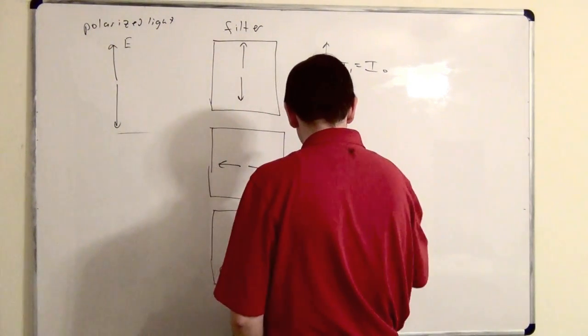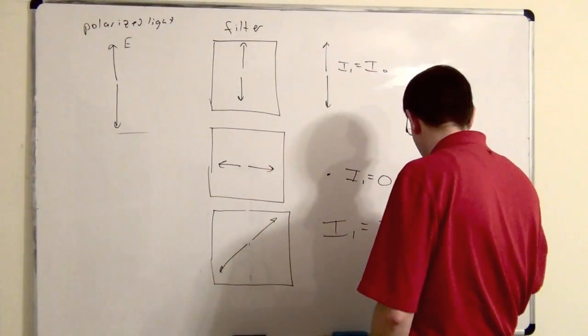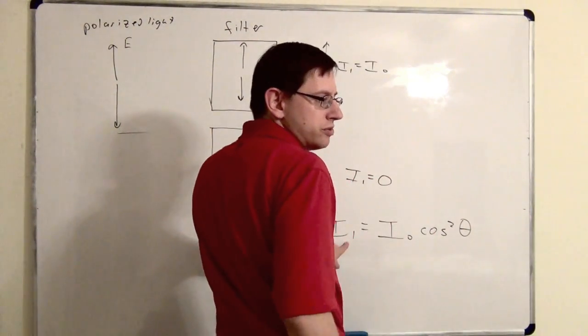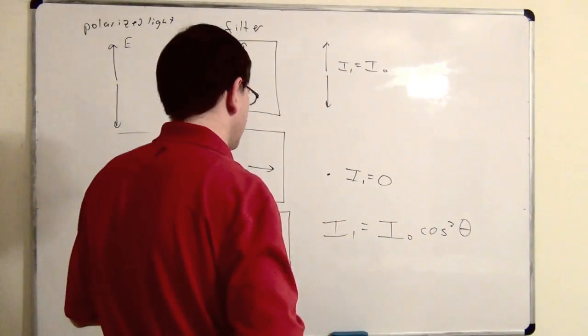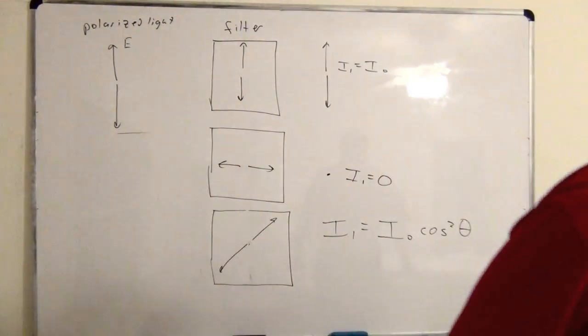What's the equation for figuring out this intensity? I equals I naught cosine squared theta. That's right, this is called the Law of Malus. Try to draw on your paper what angle theta is.